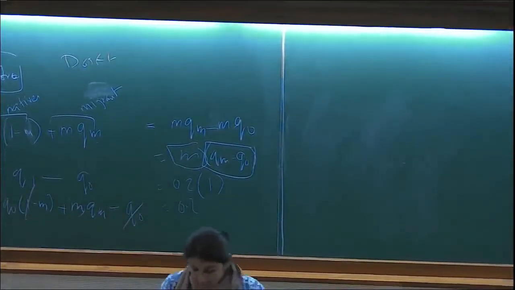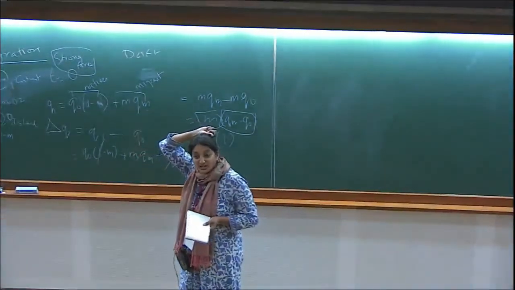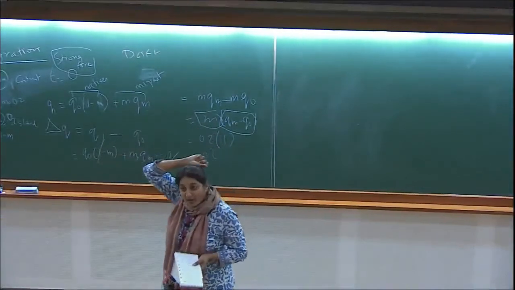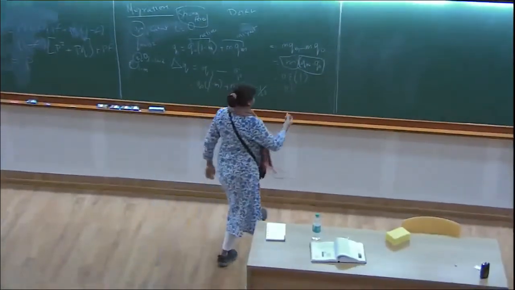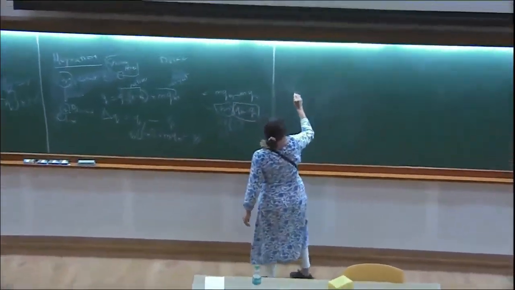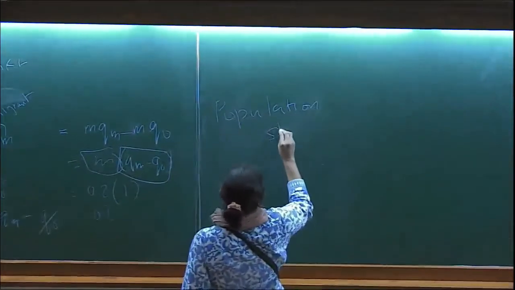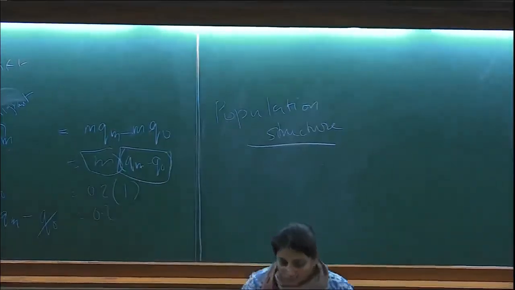So this is what we think of as migration and how it changes allele frequencies in this very toy example. But how we might encounter this is a situation called population structure. So what is population structure?